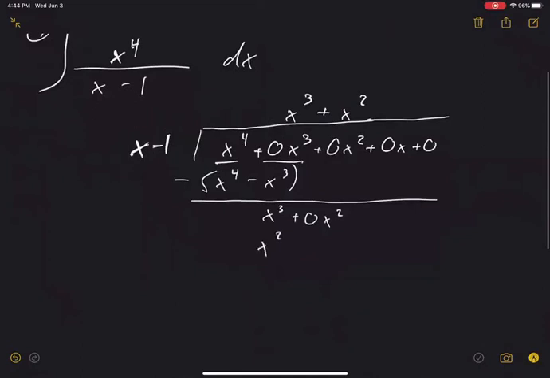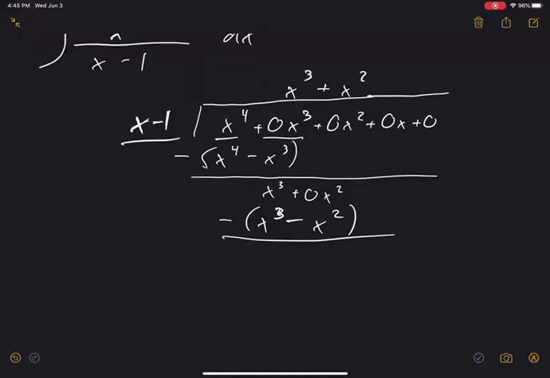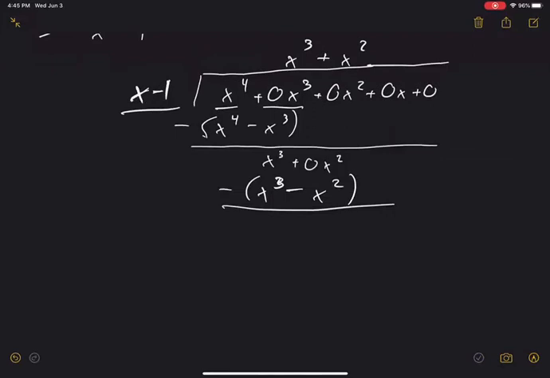I multiply x squared by this, and I should end up with x cubed minus x squared. And then again, I put that in parentheses and do my subtraction. And I end up with x squared. Then I bring down my 0x.